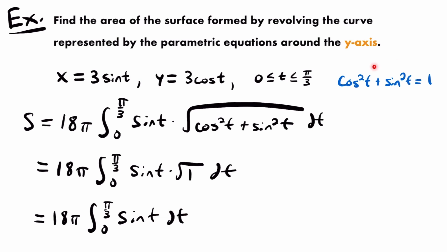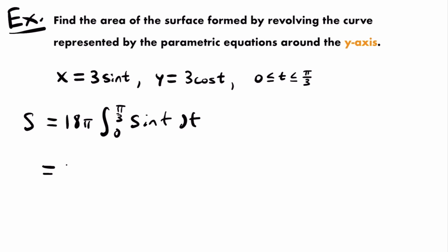And so by using this Pythagorean identity, we were able to simplify what looked to be a very complicated integral into a very basic and simple integral that we know how to solve pretty easily, right? We know that the integral of sine is negative cosine. And so let's work on that step next.